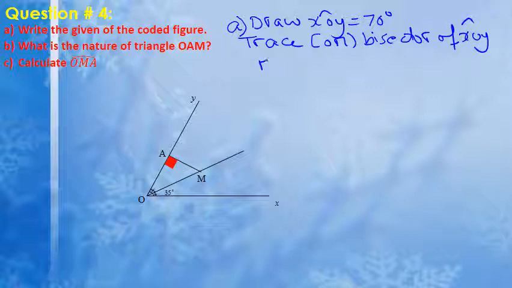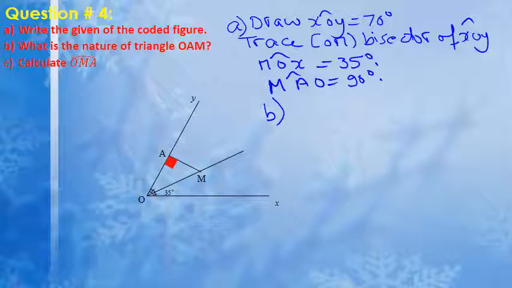We can see that angle MOX is equal to 35 degrees and angle MAO is equal to 90 degrees. Now in part B, what's the nature of triangle OMA? Triangle OMA is right.